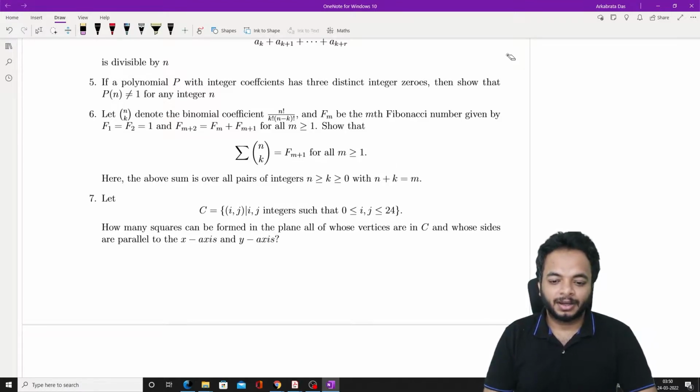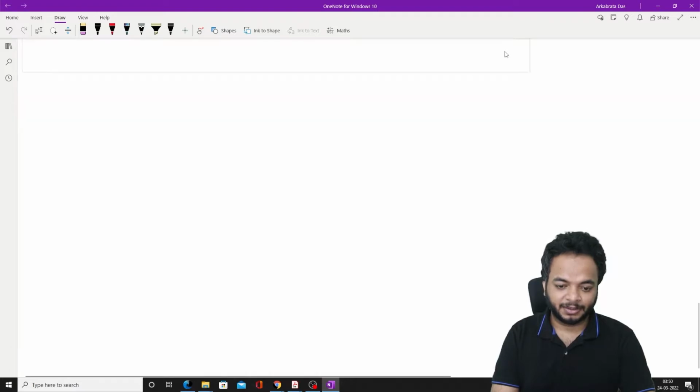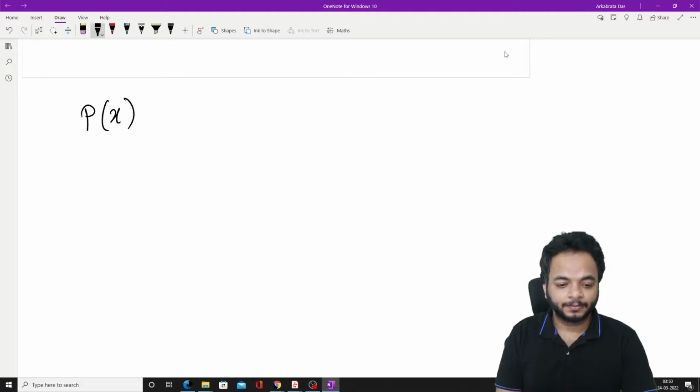So let's proceed. The main thing about this problem is that P is a polynomial with integer coefficients. So suppose you have P(x), the polynomial, and it has 3 distinct zeros.